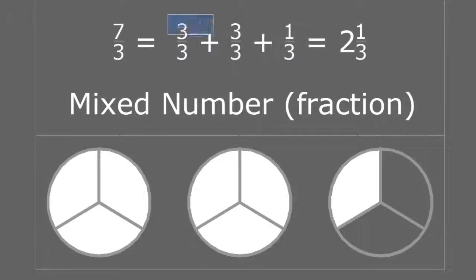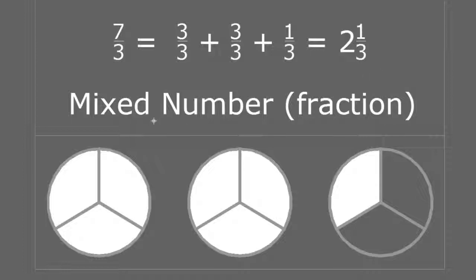If you look at the numerators of all of this, they all add up to 7. And these two numerators are equal to the denominator. So this one equals 1, and this one also equals 1. Adding these two together, I have 2 plus 1/3. And this is what I have here, 2 and 1/3. So 7 over 3 equals 2 and 1/3.